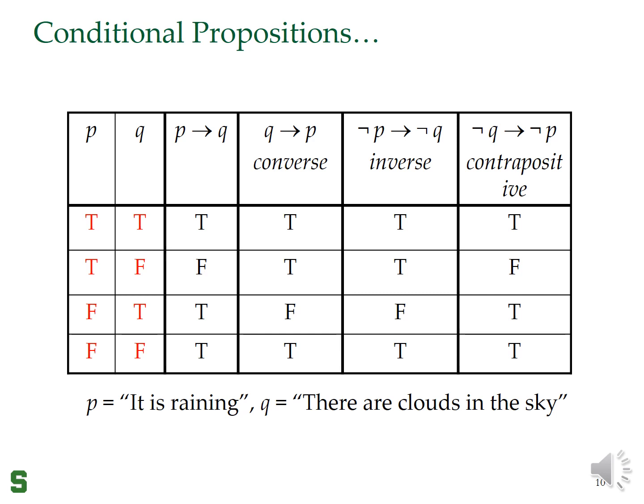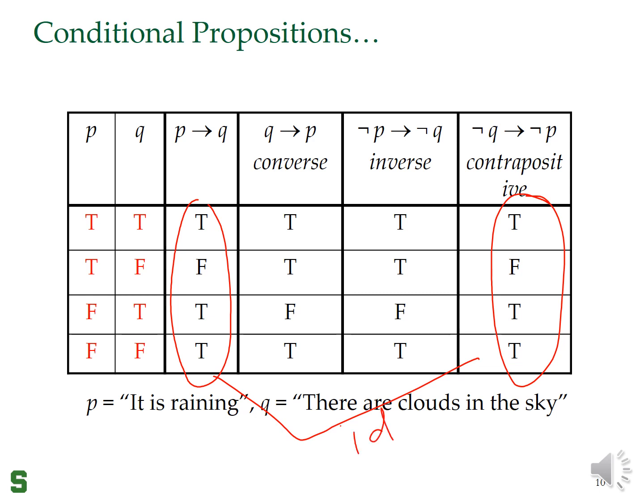Alright, so let's first make a few observations about this truth table. One thing I want you to observe is that these two columns are identical. That means that the original implication and its contrapositive are identical statements.